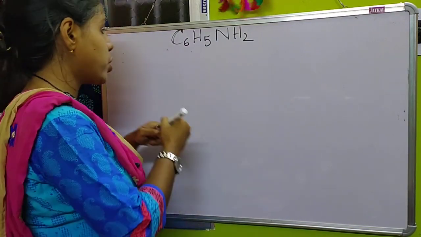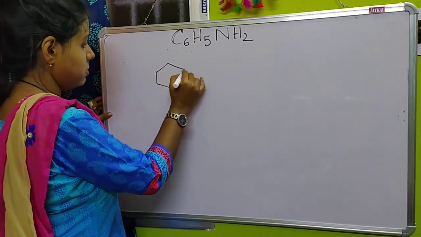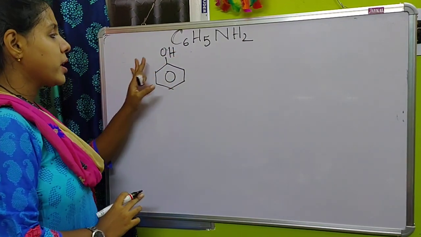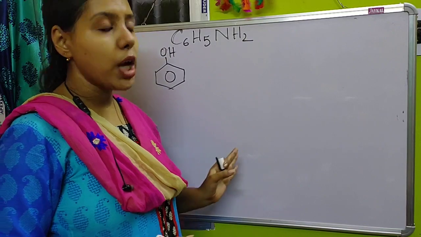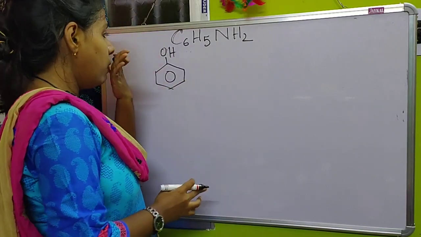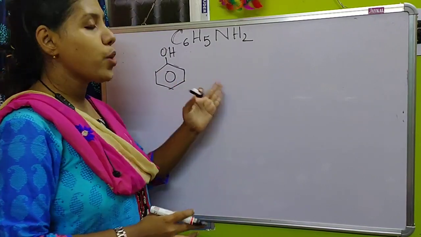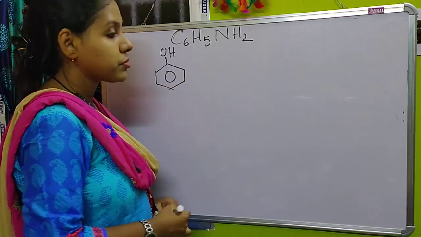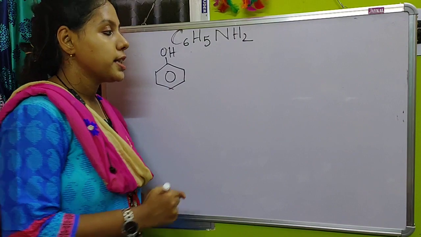We could prepare aniline from phenol also. If we want to get aniline from phenol, there also we need to add NH3.